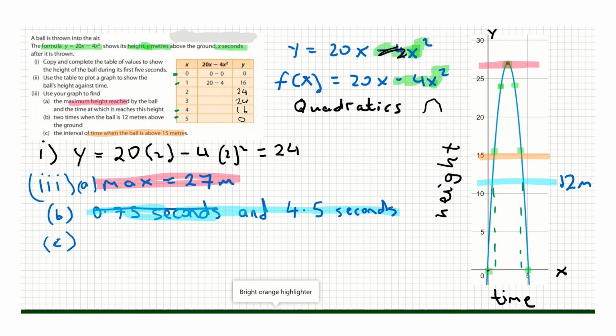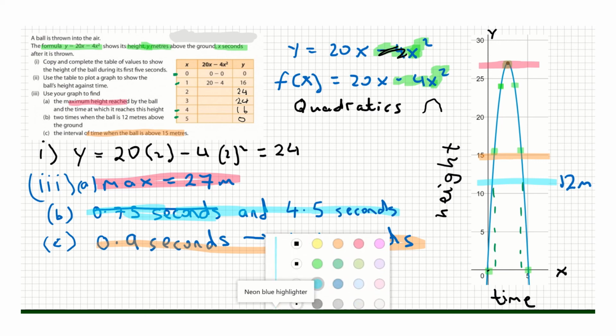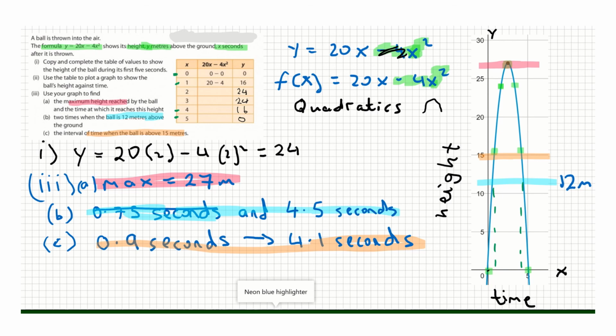So just before 1 second, so let's say 0.9 seconds, and it's going to be just after 4 seconds, 4.1 seconds. And again, the key to this is to mark it on the graph. And the key to that is to draw a good graph, which I don't have using GeoGebra here, because if I zoomed in closer, you wouldn't be able to see the whole graph.